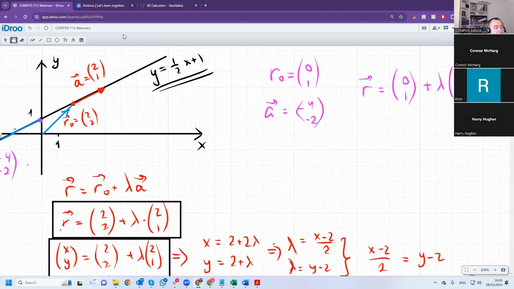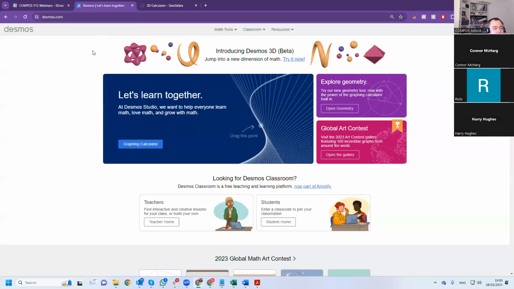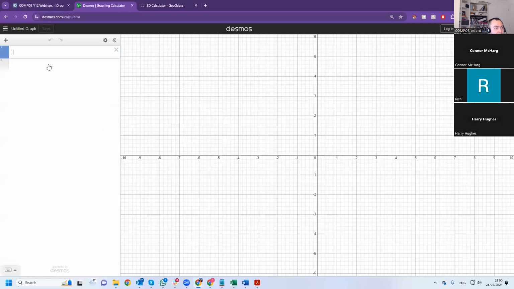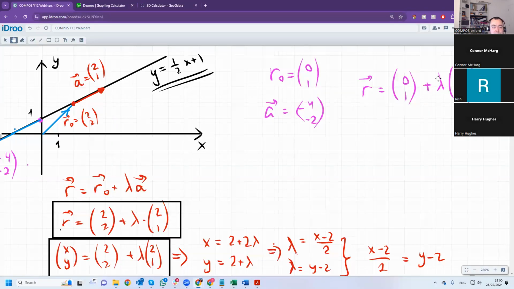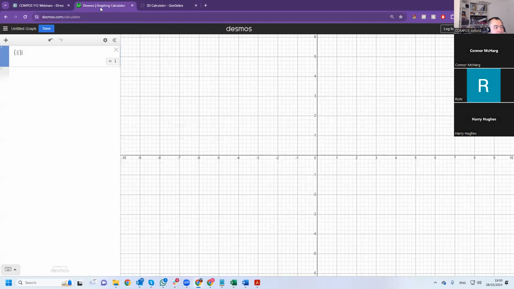Let's see if I can do that in Desmos. I certainly can. X is 0 minus 4 lambda. I'm going to use t.